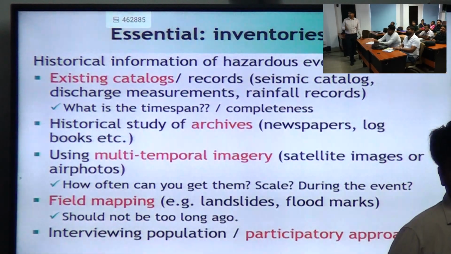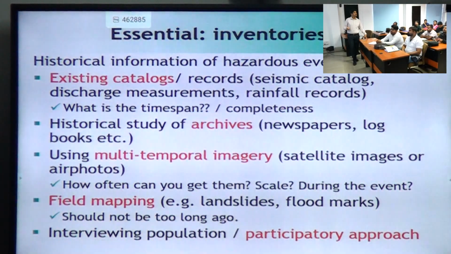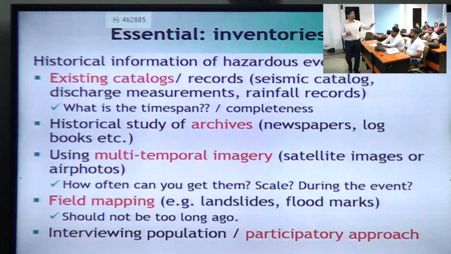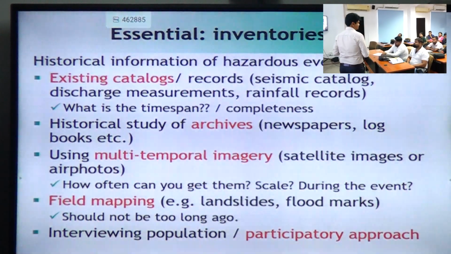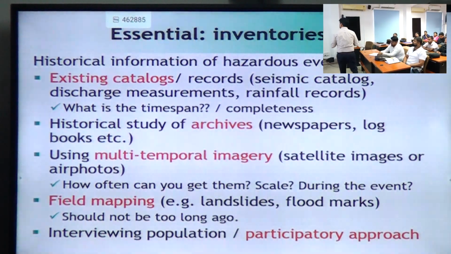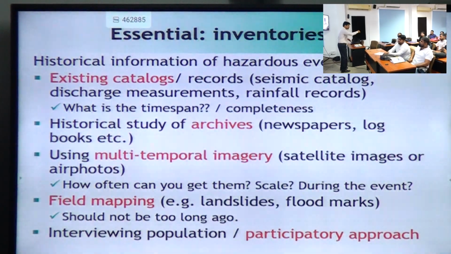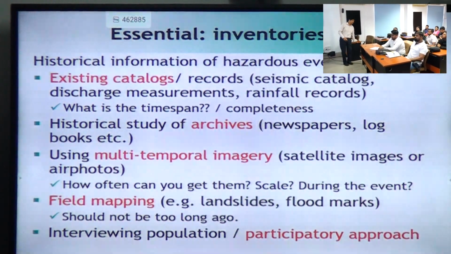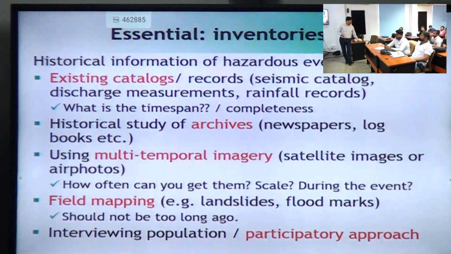So hazard varies spatially and temporally, and this is what I mentioned. When the frequency of the hazard increases, the magnitude decreases, more or less. Okay, that is the common phenomenon. So most of the hazard events you can see are inversely proportional to each other. Okay, but in the case of flood and drought, there is a bell curve.